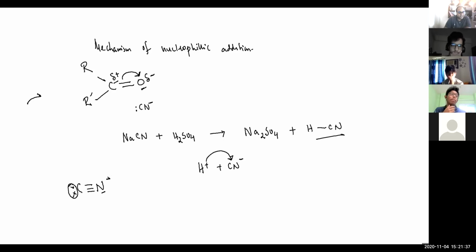Catalysts are supposed to remain unchanged. So here NaCN is reacting. I told you, this is an imaginary reaction. This is just a way of understanding how HCN can be produced. But NaCN here remains unchanged.